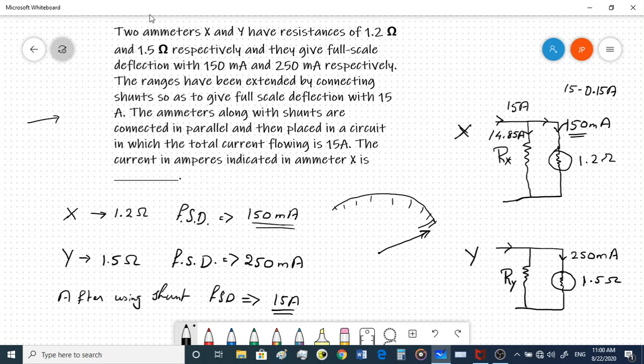So this meter is also extended by connecting a shunt to get a full scale deflection of 15 amperes. The rest of the current passes through the Ry resistance, which is 14.75 amperes, which is 15 minus 0.25 amperes. So you'll get 14.75 amperes at full scale deflection. That's the maximum that you can pass through this meter, right?